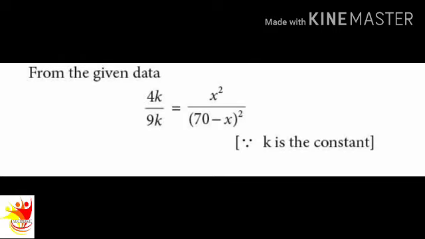We change the ratio value, we put k equal to x square divided by 70 minus x the whole square. The distance square: first distance x, second distance 70 minus x the whole square. Numerator k, denominator k is cancelled. Remaining 4 by 9 equals x square divided by 70 minus x the whole square.